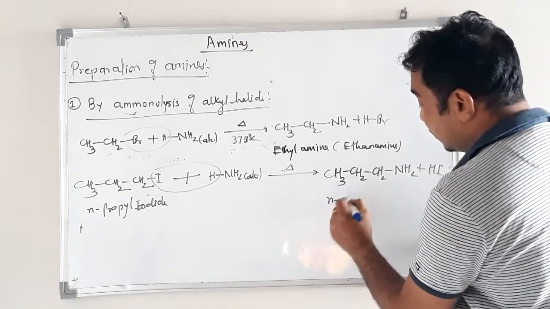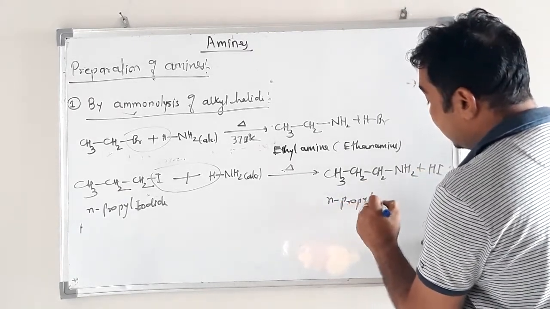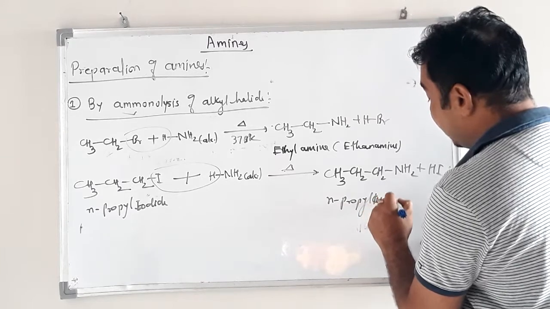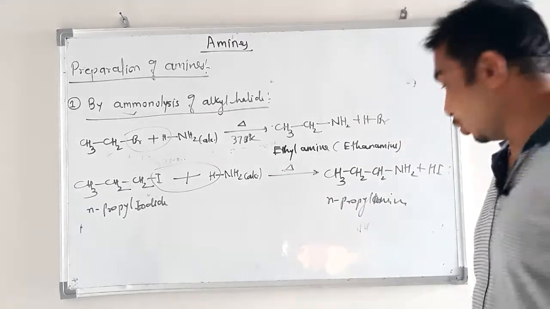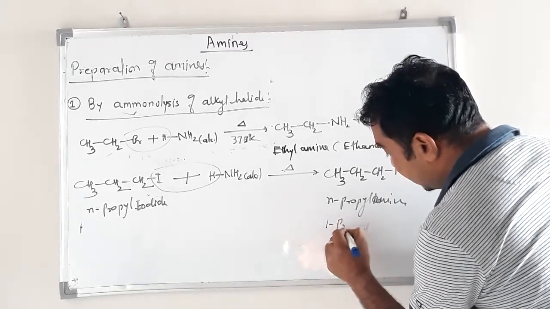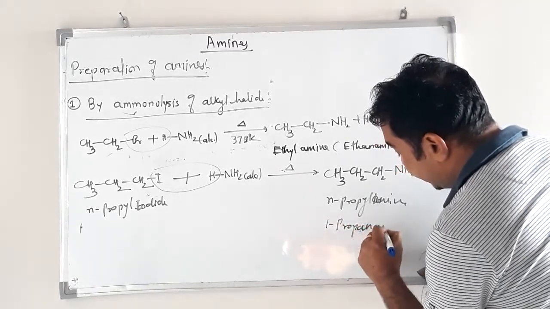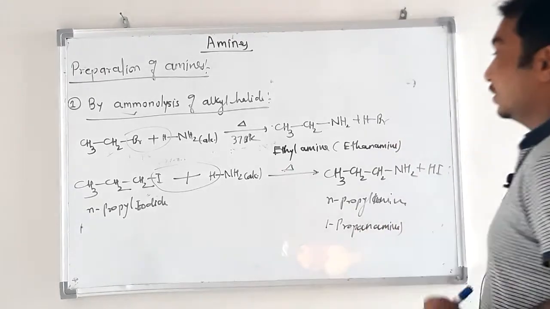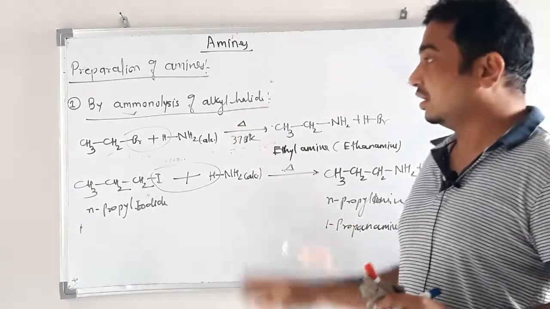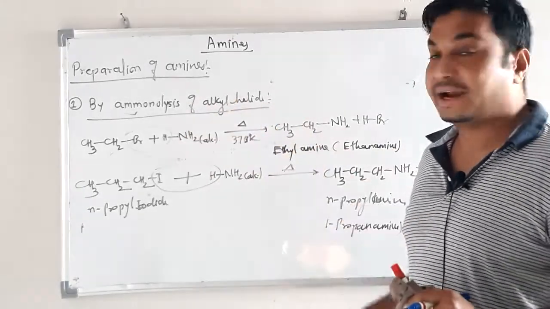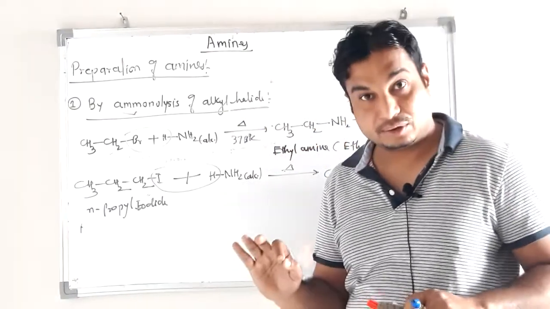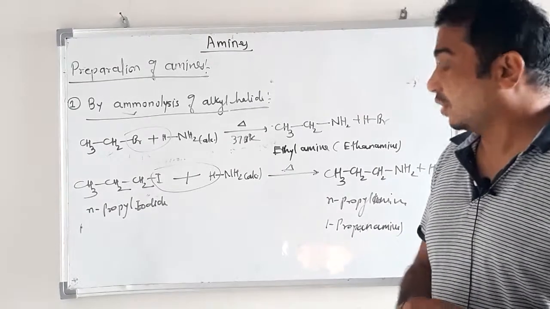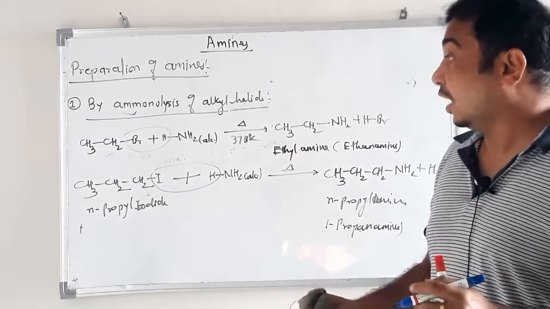So n-propylamine, or 1-propanamine is the IUPAC name. Okay. So in this way, by this method, by ammonolysis of alkyl halide, we can easily prepare primary amine. So this is one of the methods for the preparation of amine.